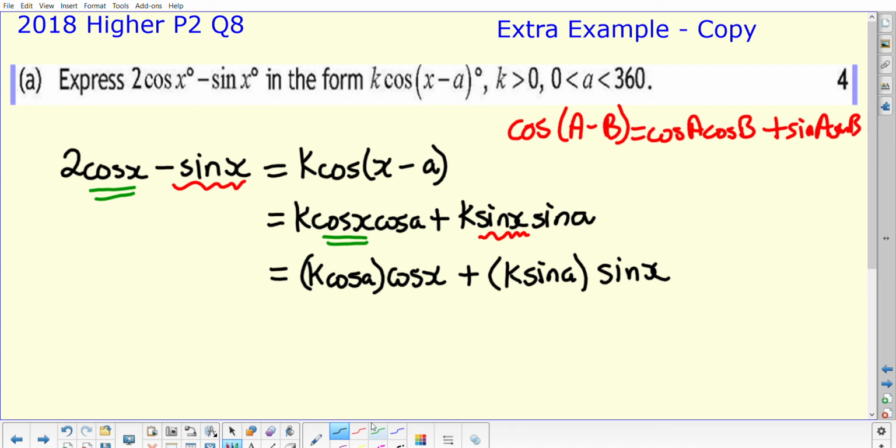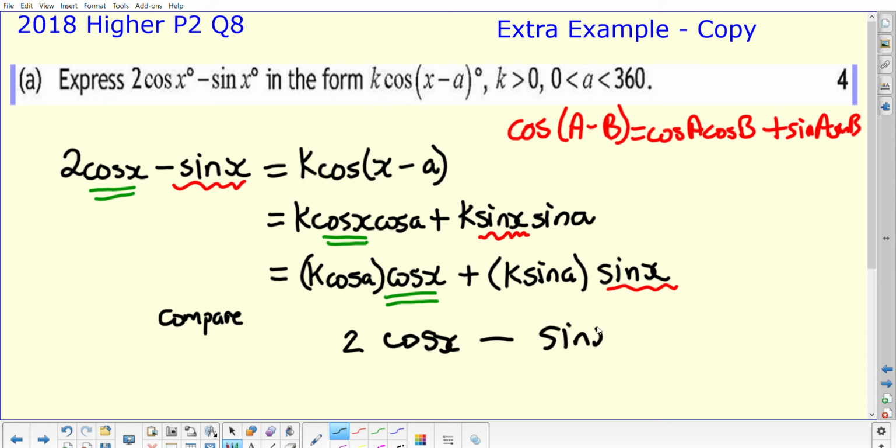So now what I want to do is make sure there's my cos x, there's my sin x, and I want to make sure that left hand side and right hand side match. Now I'm just going to write this down underneath just because it makes it easier. So you are comparing so that you can match up. You've got 2 cos x, you've got minus sin x.